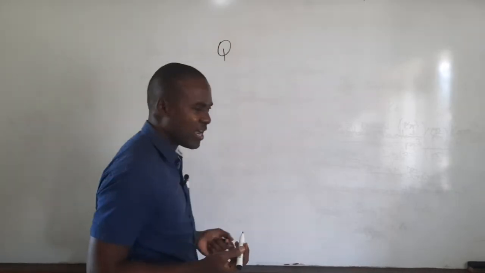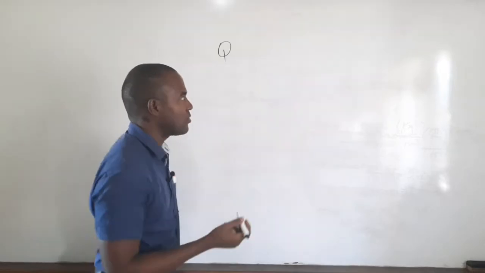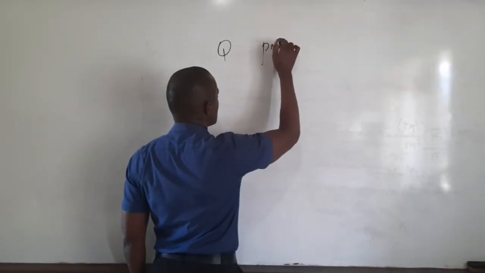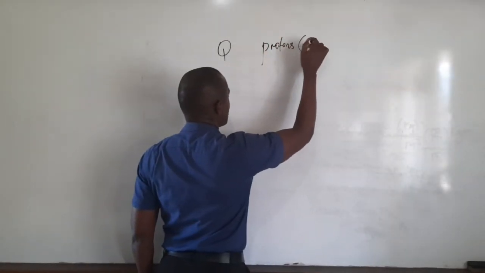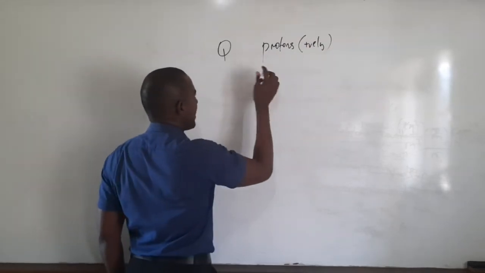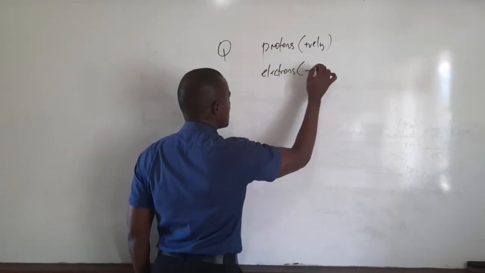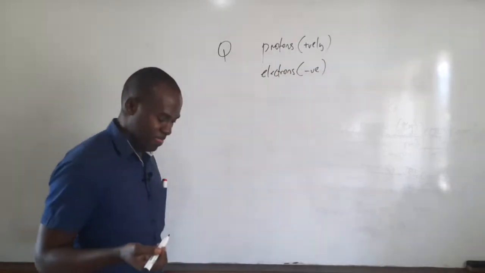Now let's talk about charge and charged particles. There basically are two types of charged particles. We have protons, which of course are positively charged, and we have electrons, which of course are negatively charged, right?